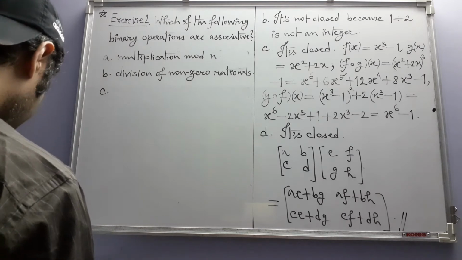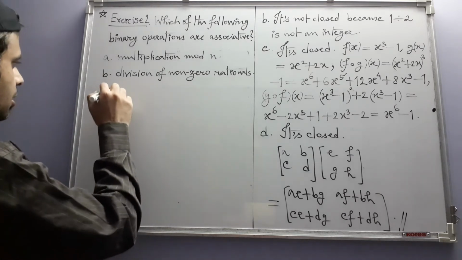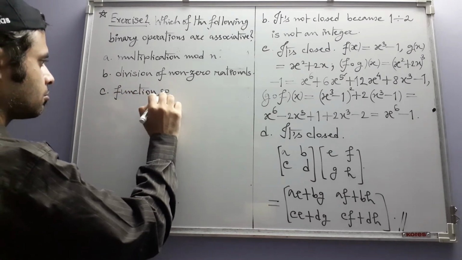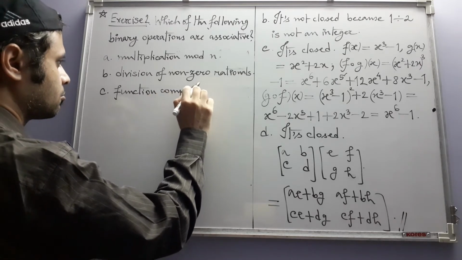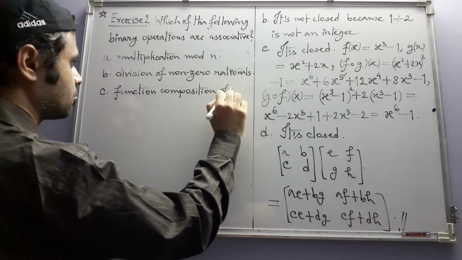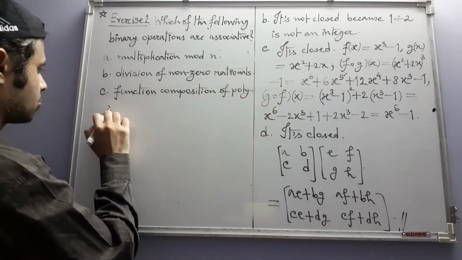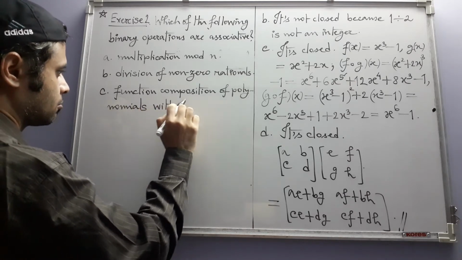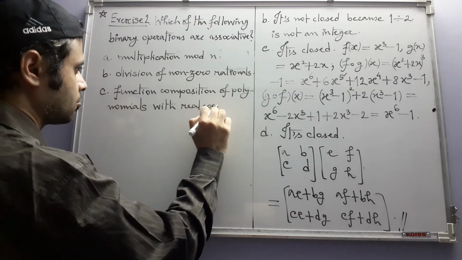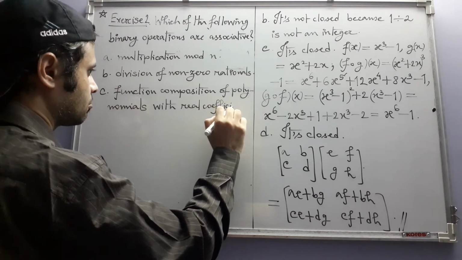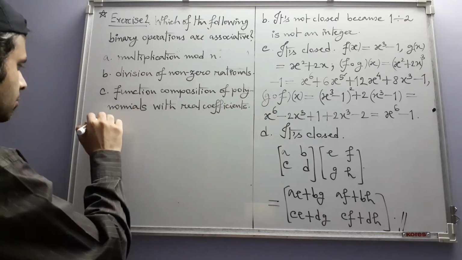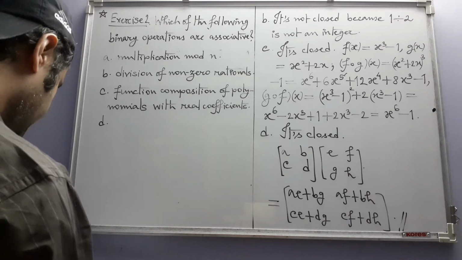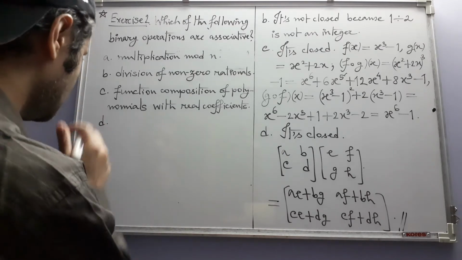Then part C, function composition of polynomials with real coefficients, same like before. And part D, multiplication of 2 by 2 matrices with integer entries, again that same thing.